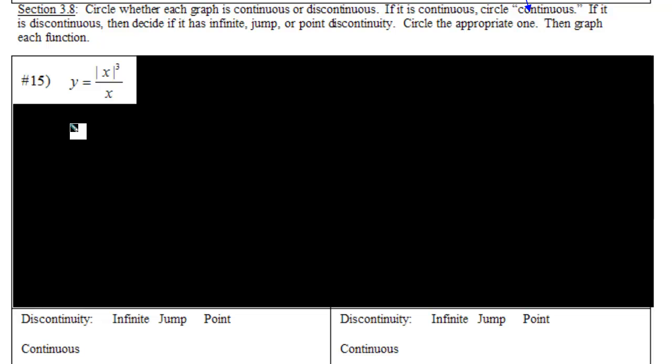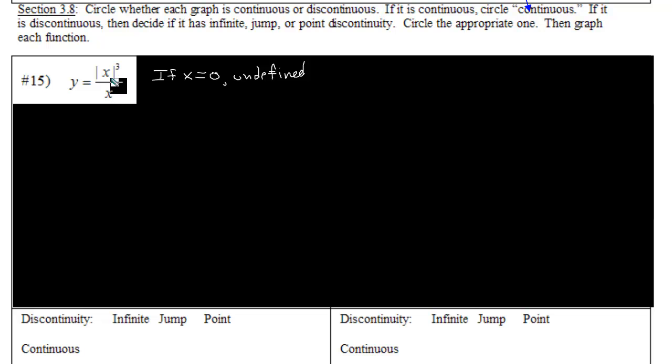Let's look at a couple different situations. Let's first say that x was 0. If x was 0, this would be 0 cubed divided by 0, which is undefined. Does that mean there's a vertical asymptote, or does that mean there's a hole?